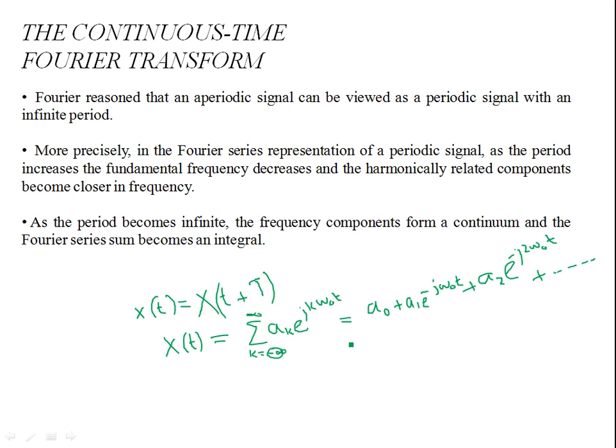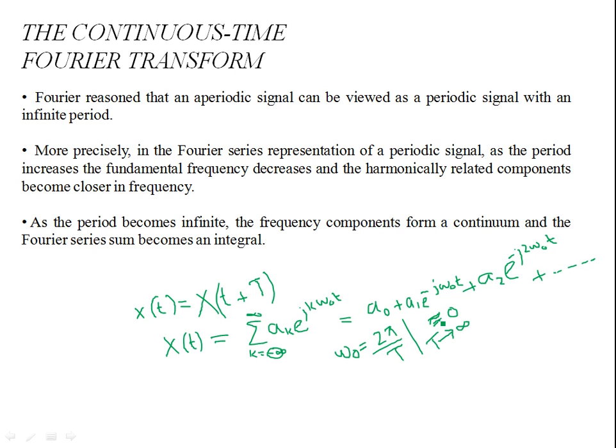Now, since we are talking of periodic signals, omega naught is the fundamental frequency given by 2 pi by T. If you notice, as T becomes very large, omega naught tends to 0.